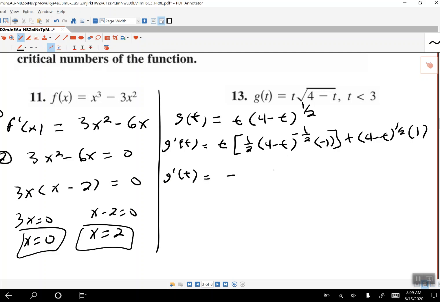So we have the negative from the negative 1. The t stays in the numerator. And then the 2 from the 1/2 in our denominator, and the 4 minus t in our denominator to change the sign of the exponent to make it positive. And then plus 4 minus t to the 1/2.